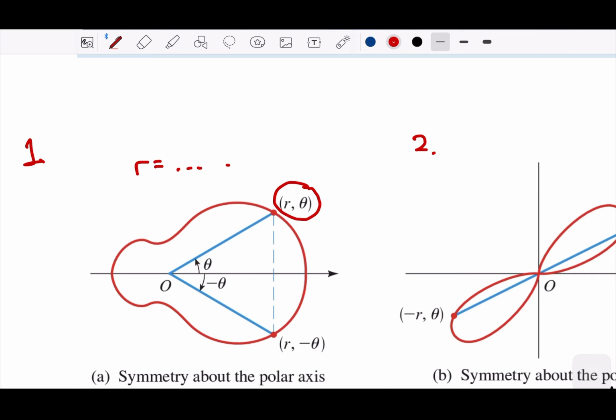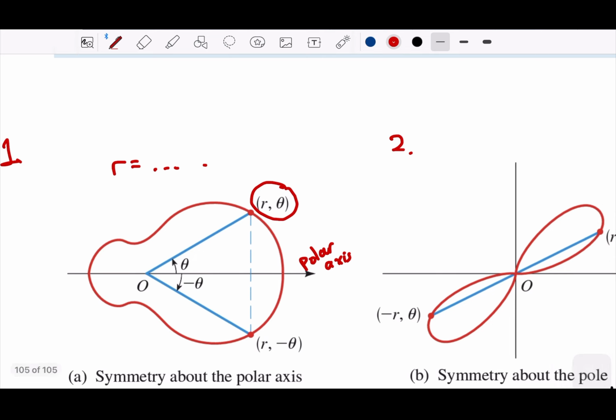The negative theta means we move from the polar axis going clockwise. And if we see that it has the same value of r, it means that it is symmetric about the polar axis. This is the polar axis.